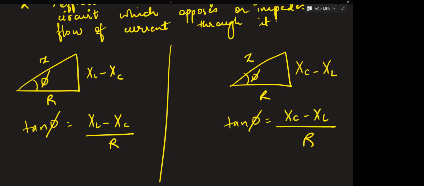Now, this depends on which is greater, inductive reactance or capacitive reactance.